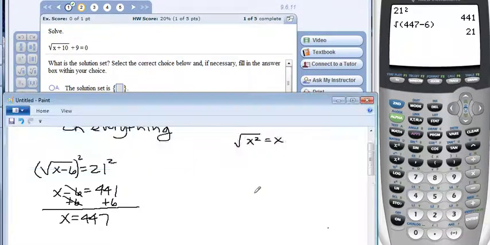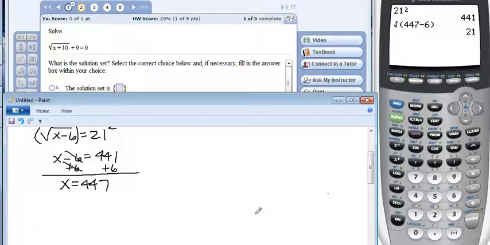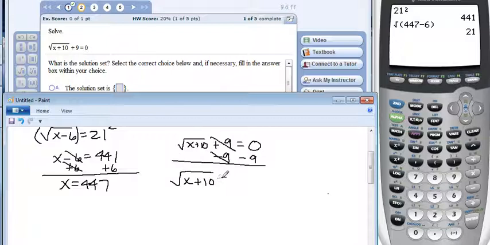All right, so here we want to isolate the radical. This one's not isolated. Okay, so here's my radical. I want to subtract my 9 across so it looks more like that first problem. So I have the square root of x plus 10 is equal to a negative 9. Now, how does this work?